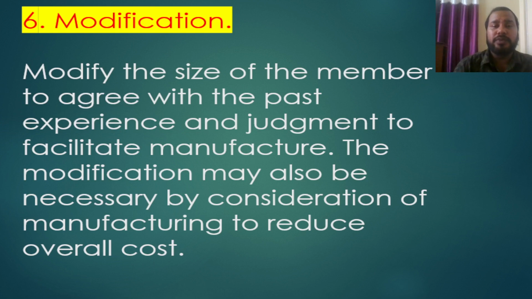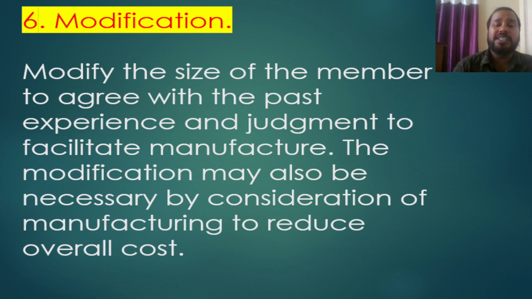So next come to the 6th point, modification. After all these 5 parameters, we shift to modification. That means modify the size of the member to agree with past experience and judgment to facilitate manufacturing. If some modification is required, we will modify in this stage.